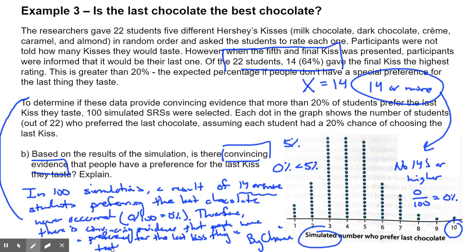Oh my goodness, I didn't know I could write this slow. And again, in parentheses, you're going to put 0% is less than 5% because that's what we compare it to.